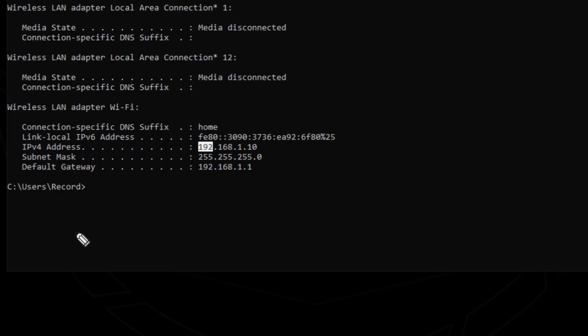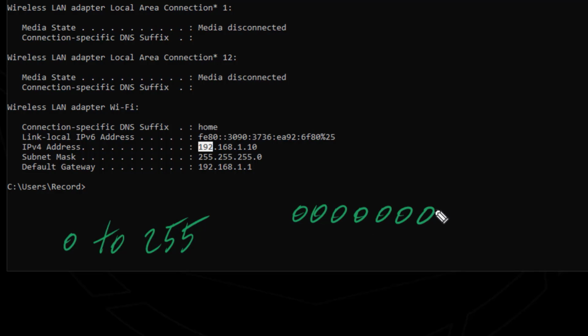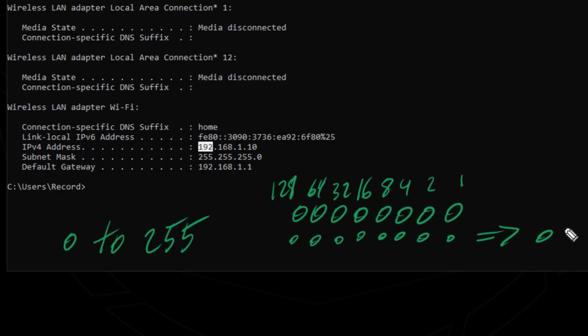In each octet, the range goes from 0 to 255. Why? Because if I write 8 bits, we already know the decimal values 1, 2, 4, 8, 16, 32, 64, 128. If all the bits are turned off, that's 0. If all the bits are turned on, that's 255.